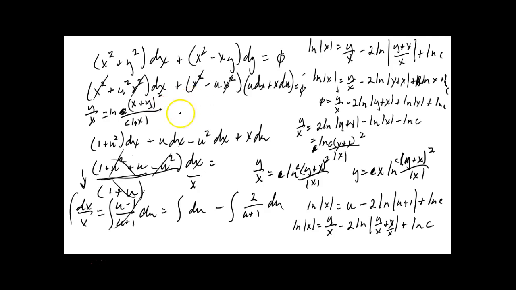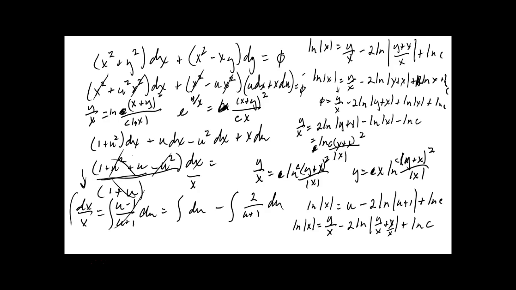And that gives them e to the log, e to the y over x is equal to, taking the e of that, x plus y squared over cx. Now we can drop the absolute value bars because we're dealing with exponentials. Okay?